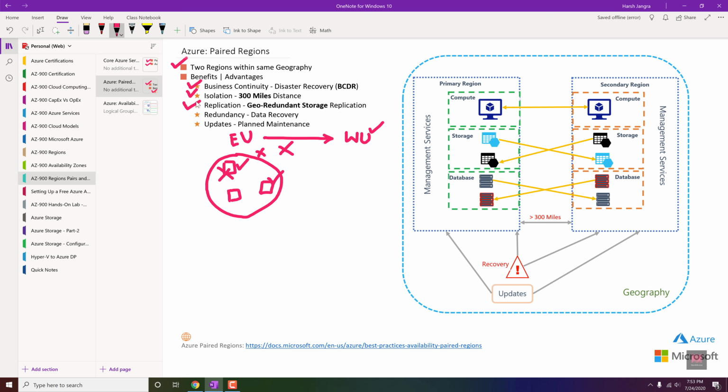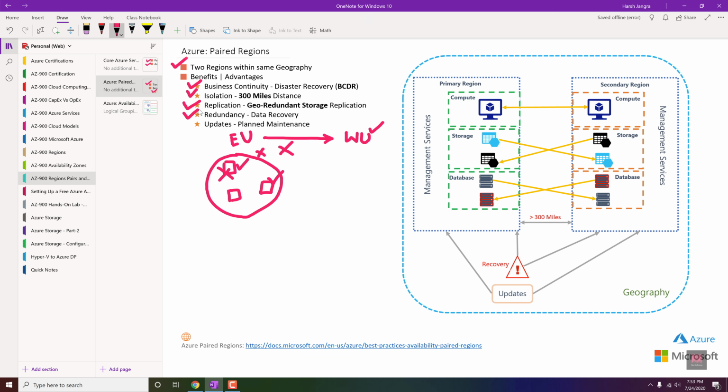And one more thing about geo-redundant storage: whenever you deploy a storage or a recovery services vault, which is a part of Azure Backup, it is always a good idea to choose geo-redundant storage, because it helps make sure our data is safe if a data center goes down or the whole region goes down. So it's really a great way to maintain our storage and databases, or I mean, not databases. Yeah, it's a part of data, but you understand my point. Storage, databases, any kind of data.